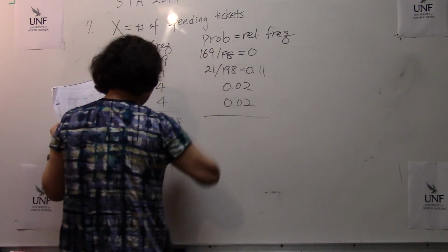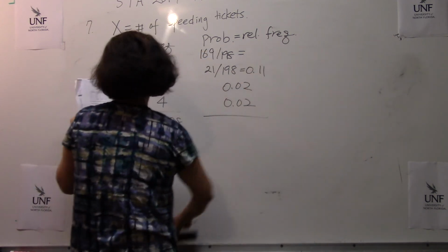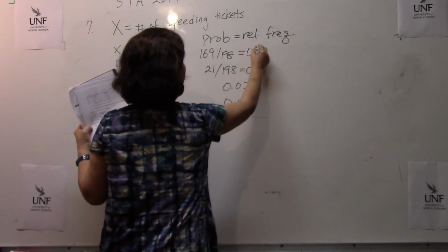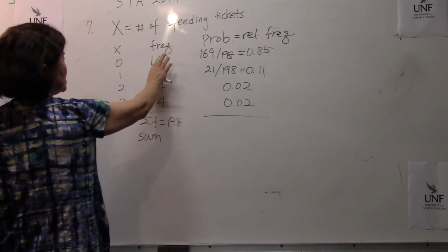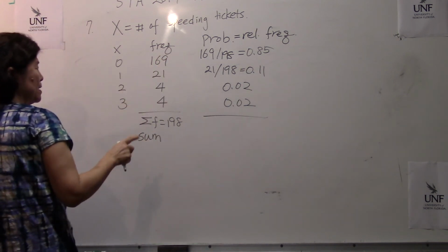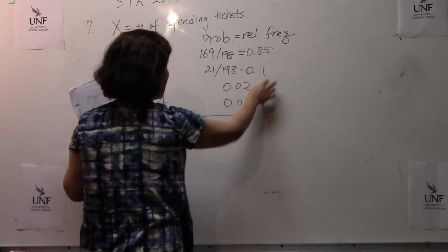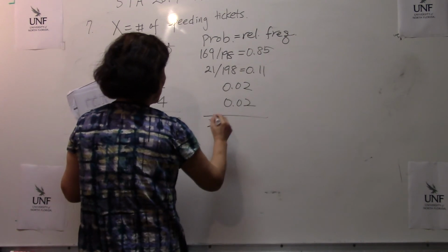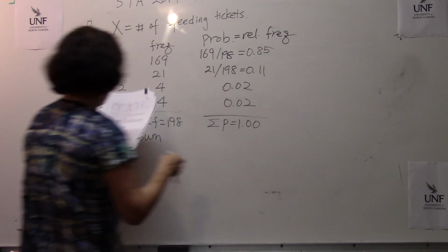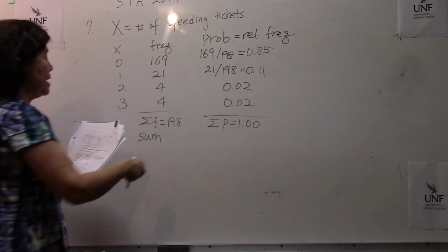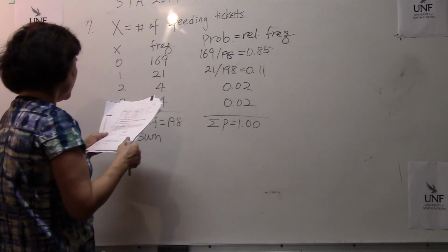That is 0.85, I'm sorry. Here the relative frequency is the frequency 169 divided by 198. So add them up, of course, you are going to see that it is exactly 1. Okay, so we completed the table.